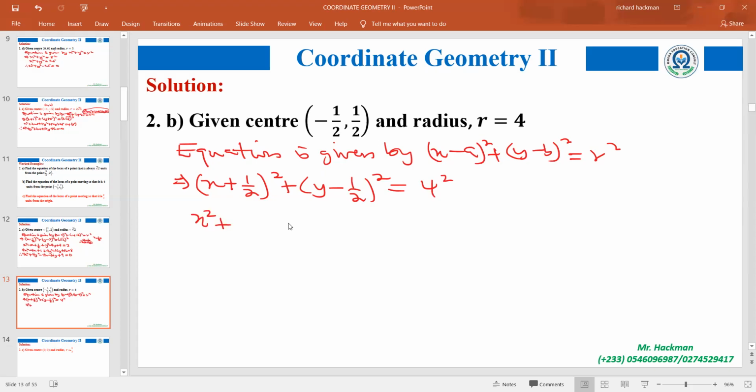So it will be twice the product of x and half, so this cancels and we are left with x. Then the other one will give you 1 over 2 squared, which is 1 squared over 2 squared, so plus 1 over 4. You can always do it mentally, you are matured. Then y squared, minus twice the product of this, so this one will give you minus y, then plus 1 over 4. Then it's equal to 16.